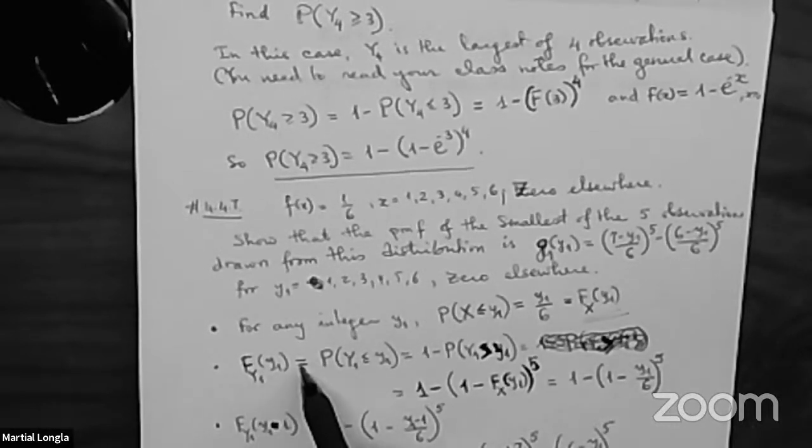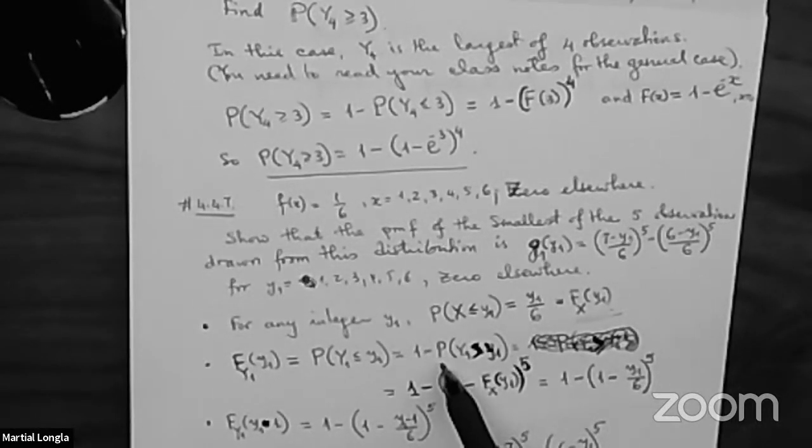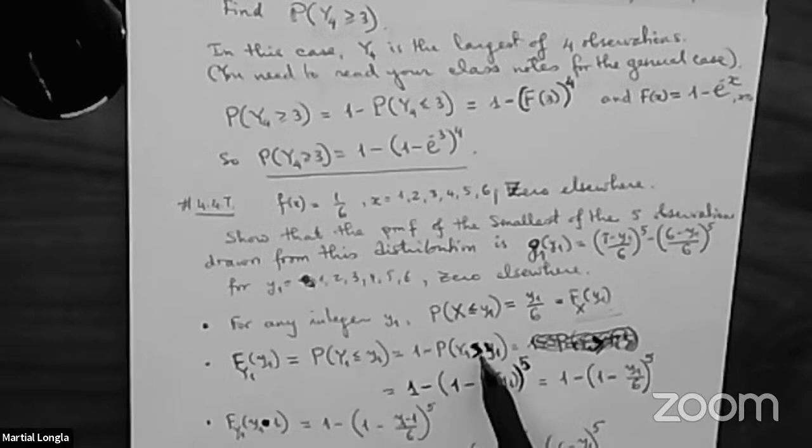Now that I have the CDF, I can find the CDF of y1, which is the smallest. The CDF of y1, that is the probability that y1 is less than or equal to y1. We have also defined this in the notes. It's 1 minus the probability that y1 is strictly larger than y1. Notice here, less than or equal, and here, strictly larger.